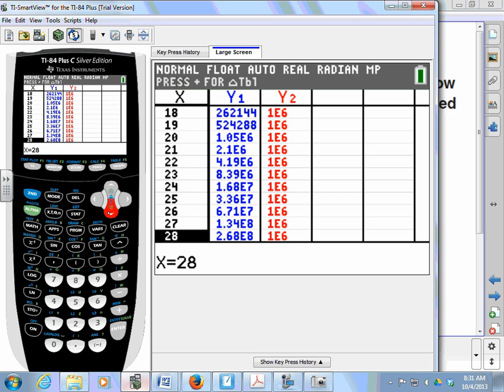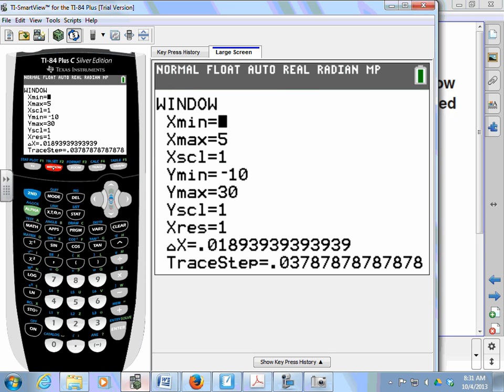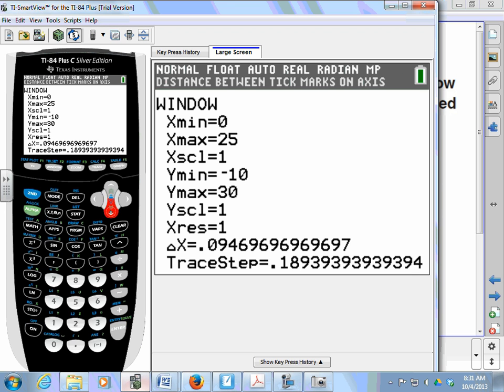So we could go to our window. We know it's got to go at least to 20, so let's go to 25 for my x. And my y max has got to go to over 1,000,000. We need to be a little higher than that, so let's go to 2,000,000. This is actually double what I need it to be.